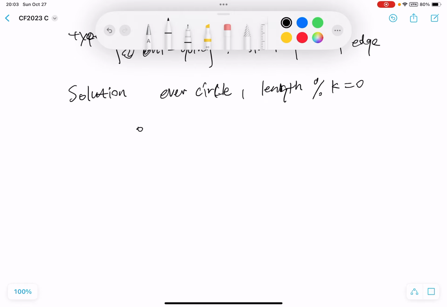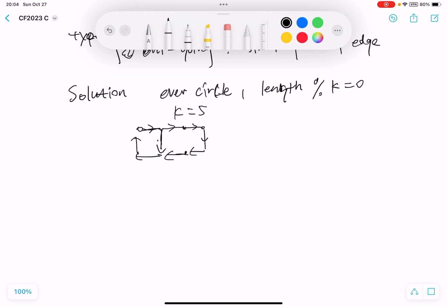Let me take an example with this graph, where k equals 5.